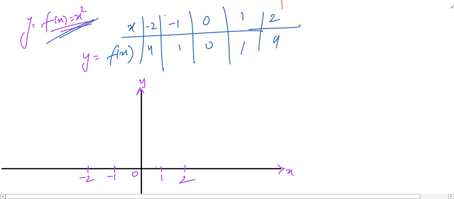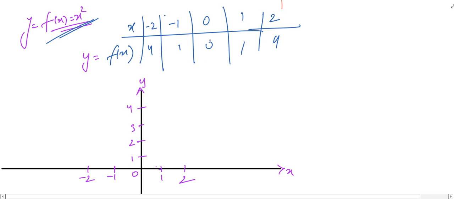We can write y equals, because all the f(x) values are the output values. So this is 1, this is 2, this is 3, and this is 4, right?